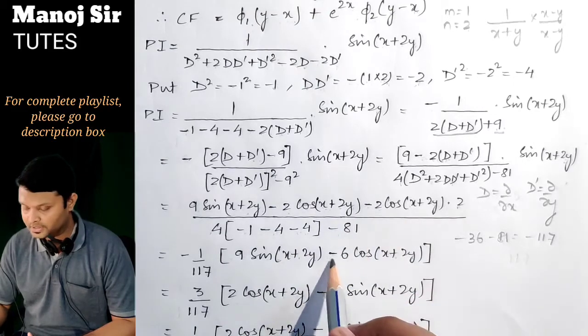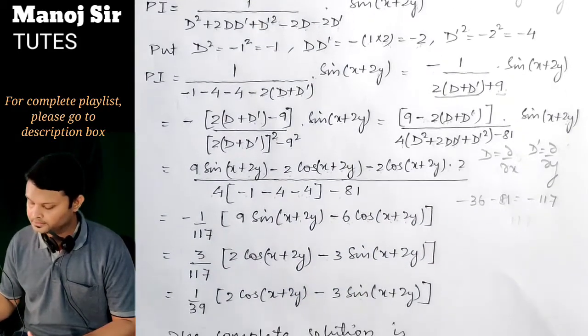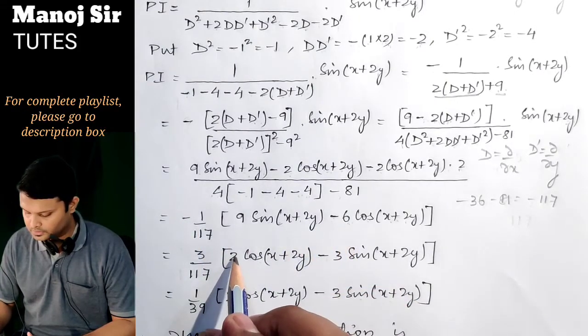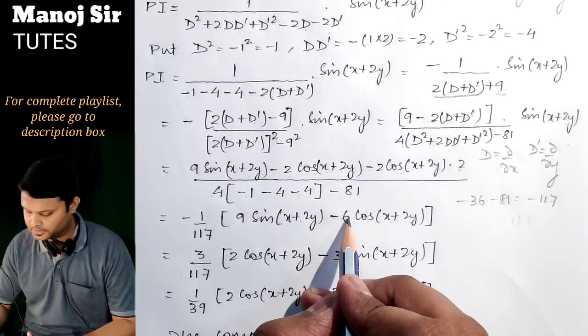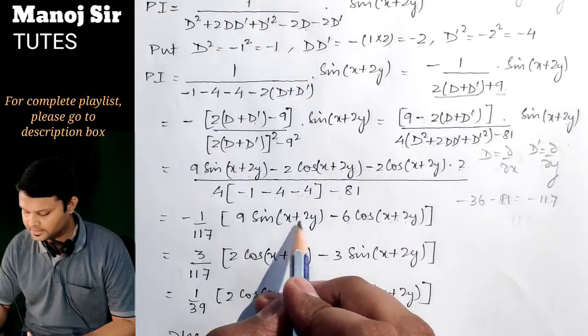Simply add both, you will get minus 6 cos of x plus 2y. Now again, take this negative sign into this, so this term will become positive and this term will become negative. So this is going to be 6 cos of x plus 2y minus 9 sin of x plus 2y.